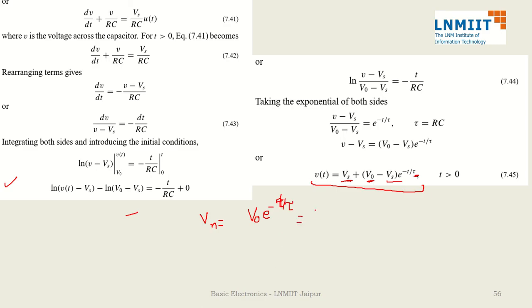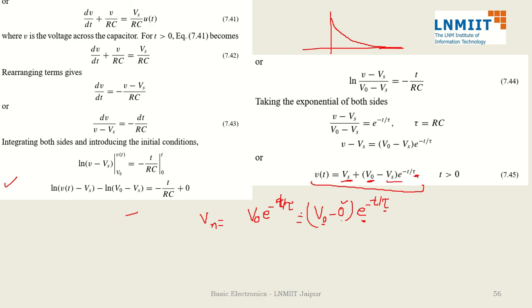We can also write it as V naught minus 0 times e raised to power minus t by tau. V naught is the initial condition. In natural response, voltage is always decaying, so the final condition was 0, and it is exponentially decreasing with this time constant.